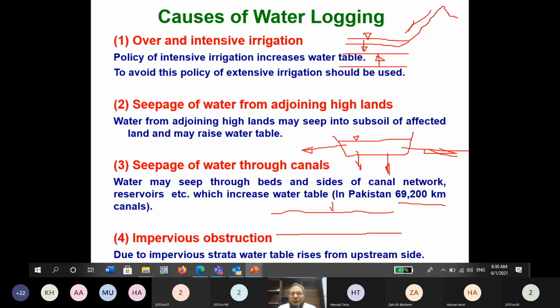Whenever there is rainfall, due to this impermeable layer, the water cannot go down, and the water table has to rise. So it will cause the waterlogging. And this is the root zone; the depth will become less than the root zone, and it will affect the crop development.